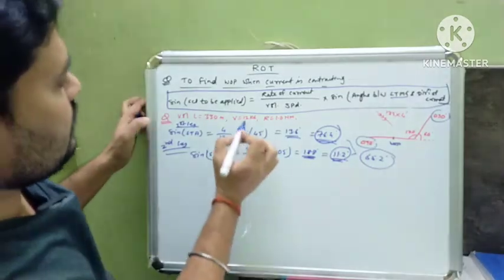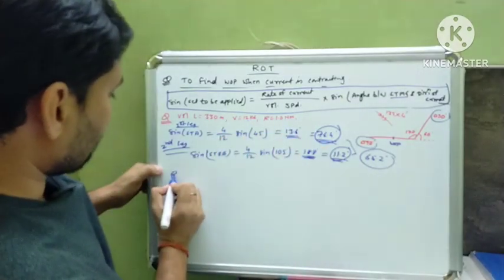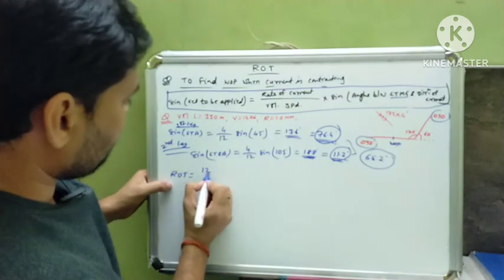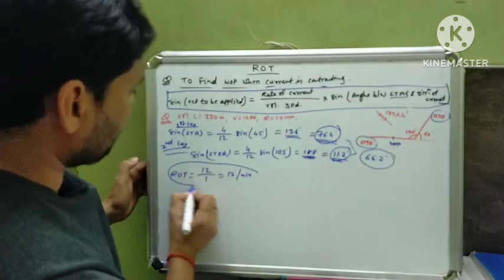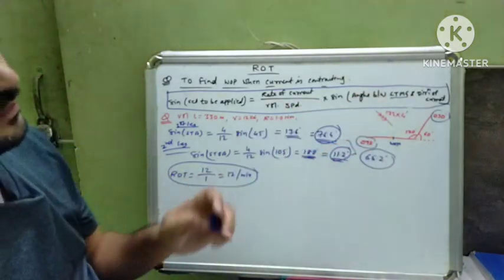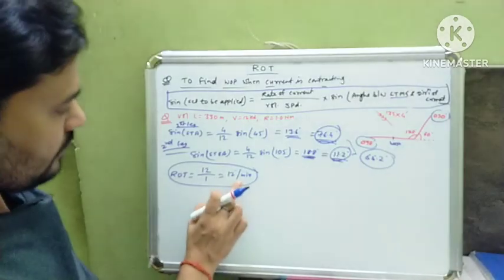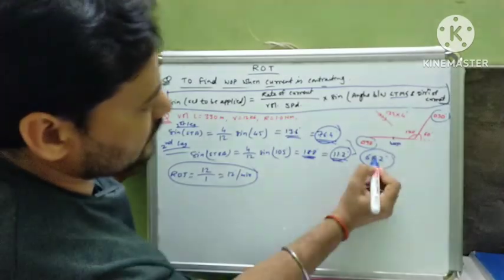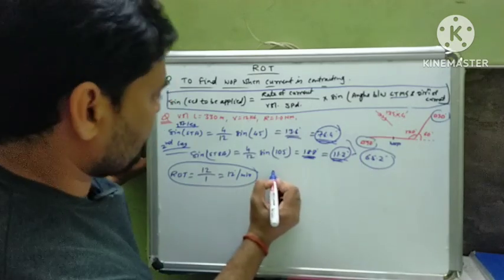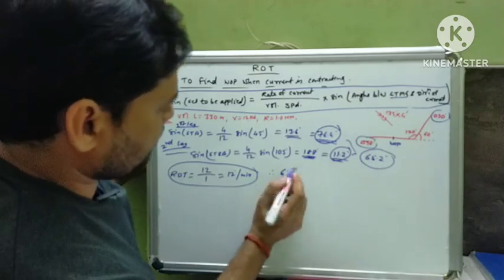Now suppose we are doing this at 12, so we'll calculate the rate of turn. Rate of turn will be V upon R, so 12 degree per minute. This is the rate of turn we have to calculate. So suppose in 1 minute it is going 12 degree. So for 65 degree, how much time will it take?